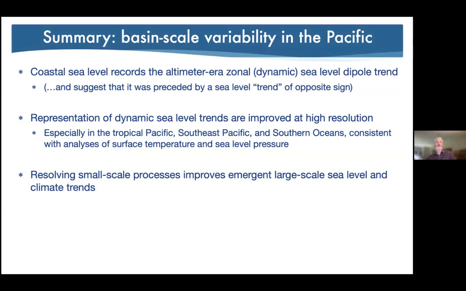We show that the trends in the altimeter record seem to be better represented in high resolution simulations, especially in the tropical Pacific, Southeast Pacific, and Southern Ocean. And it makes the point that it's not always just resolving those coastal processes that is important with the high resolution model. It's the integrated, aggregated impact of those small scale processes on the large scale field that can make a difference.